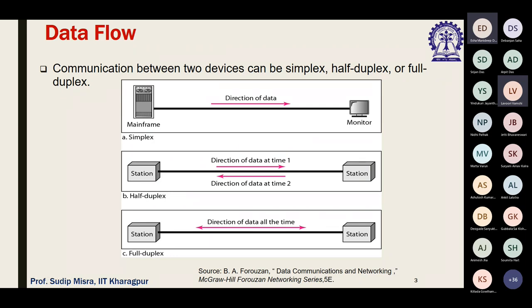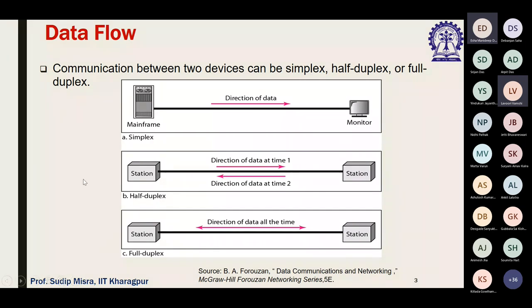Second is half duplex. What is this half duplex? Half duplex is the most common one that we will all use. In half duplex, the data transfer can take place in either direction, through the same channel, through the same link. It can happen bidirectionally, but not at the same time.